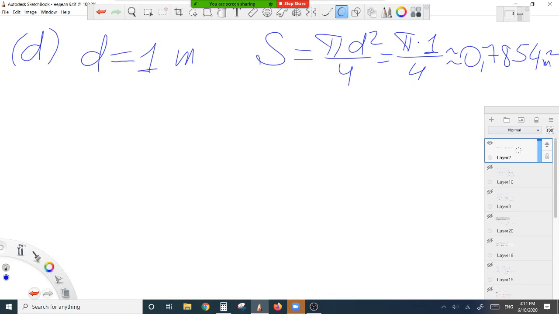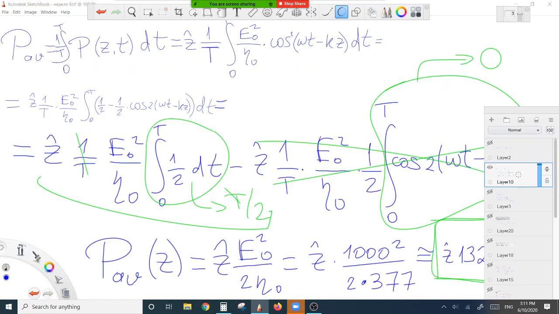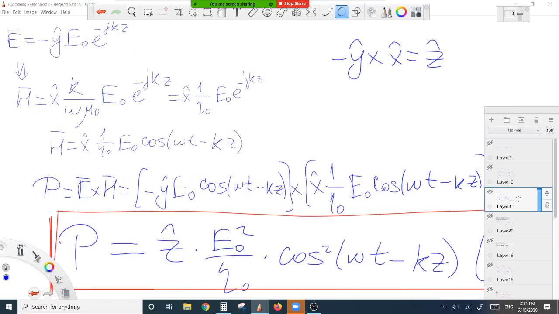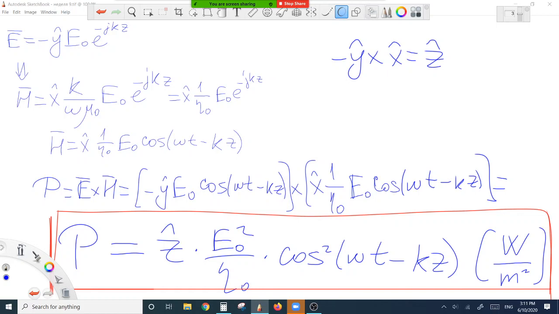And the power density was calculated in previous sections. Here we calculated the instantaneous power density, which was the Poynting vector, and it is equal to z multiplied by E0 squared over eta 0 multiplied by cosine squared of omega t minus kz.